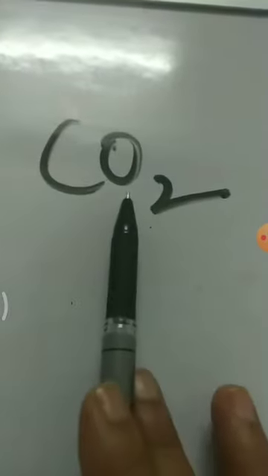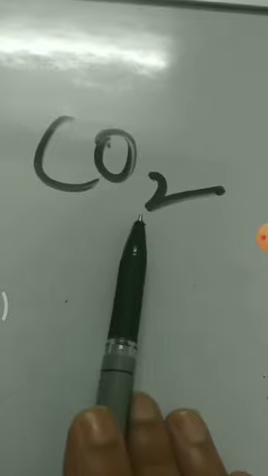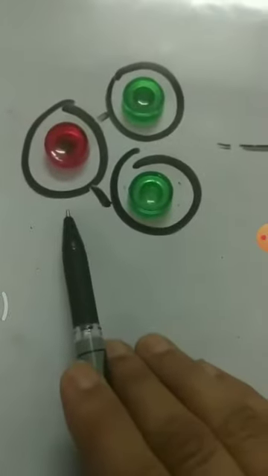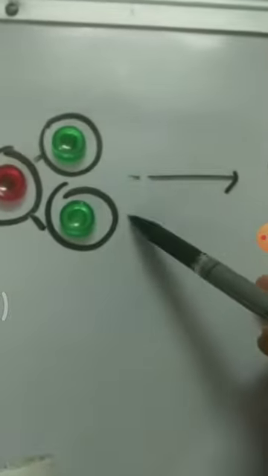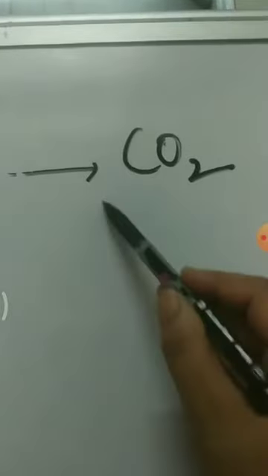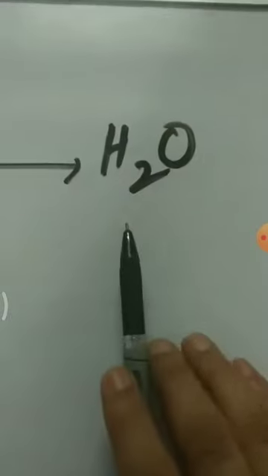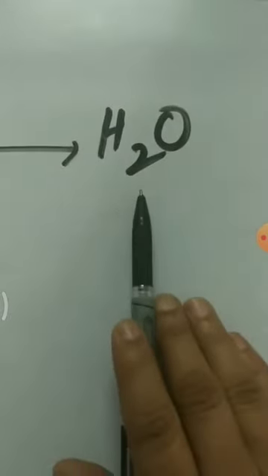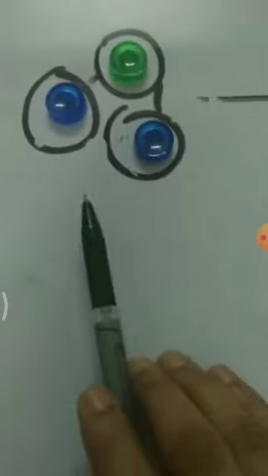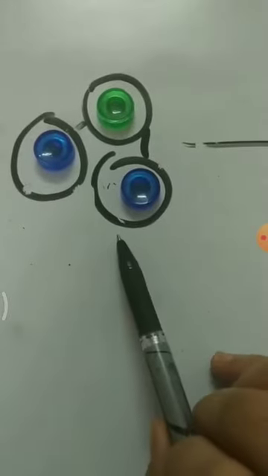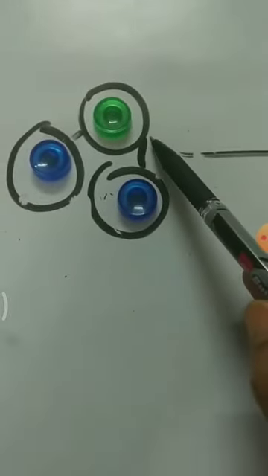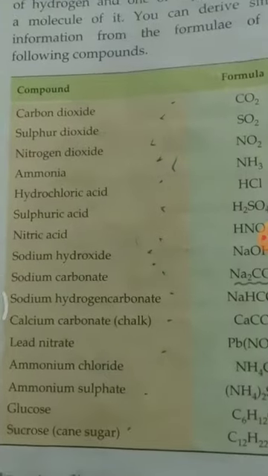For example, CO2, carbon dioxide, 1 atom of carbon and 2 atoms of oxygen form 1 molecule of carbon dioxide. Similarly, water H2O represents 2 atoms of hydrogen and 1 atom of oxygen constituting 1 water molecule.